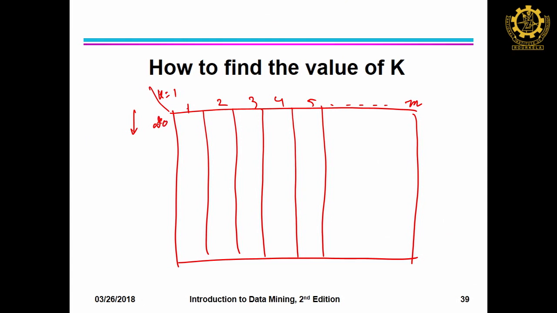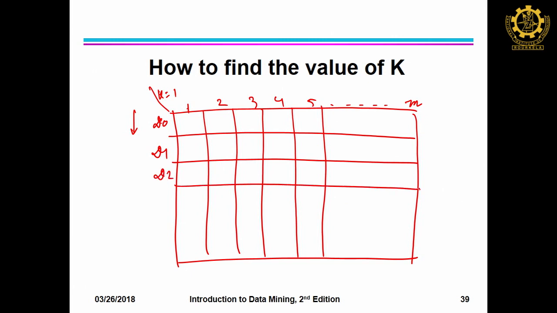Let us say this is the D 0 fold, this is D 1, this is D 2, this is D 3, this is D 4 and then this is D 9.